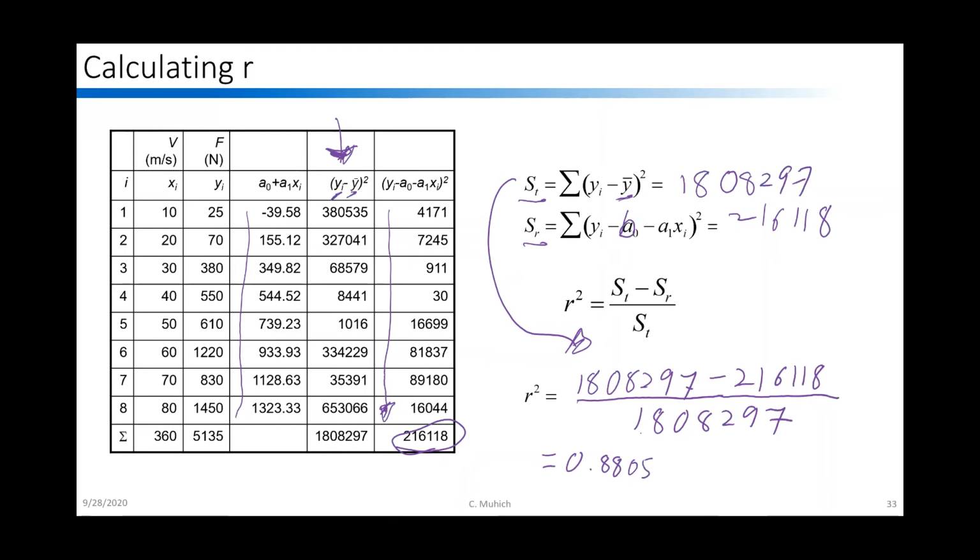In essence, almost all of the variance in that y data can be explained by the line that we fit. We're quite close to 1. So we can say that we have a good fit from the A and the B that we calculated previously.